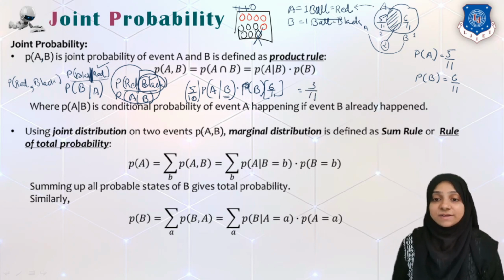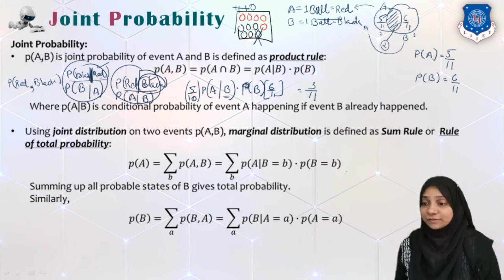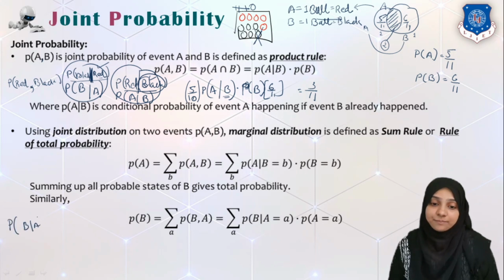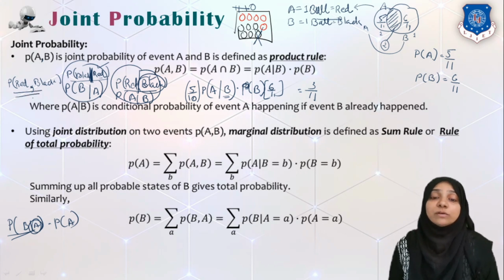Now let us consider the probability using this formula. We want to find out the probability of the ball being black, provided that the first ball is already red. So I will calculate it here as B given A. In this case, we know that event A has already happened, so we must have the probability of A, in order to find that both of these balls are drawn at one time.